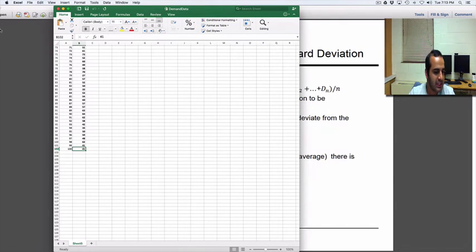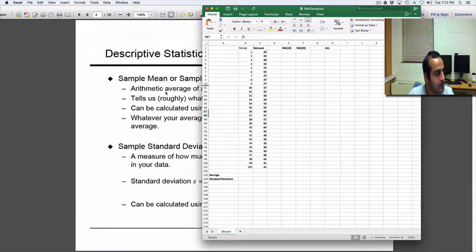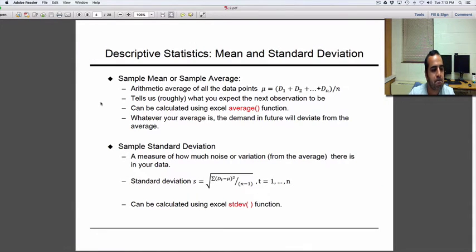Now let's look into descriptive statistics, particularly the mean, or average, and the standard deviation. Let's start with the sample mean or sample average. The sample mean is just the arithmetic average over all the data points, and you've seen this before. Suppose you have n data points: you sum up all n demands, d1 through dn, and divide by the number of data points.